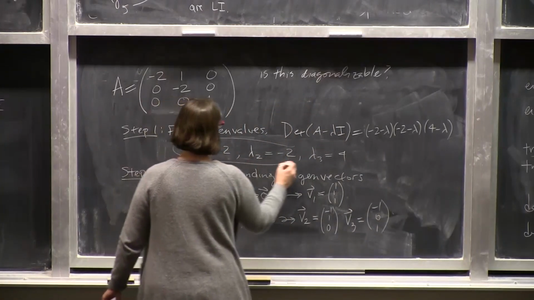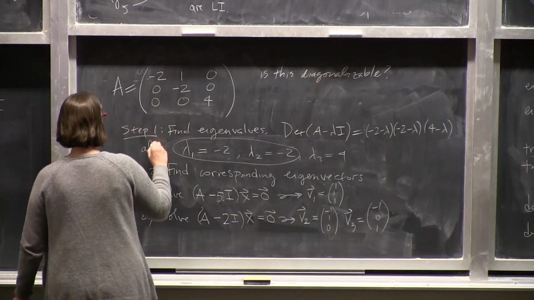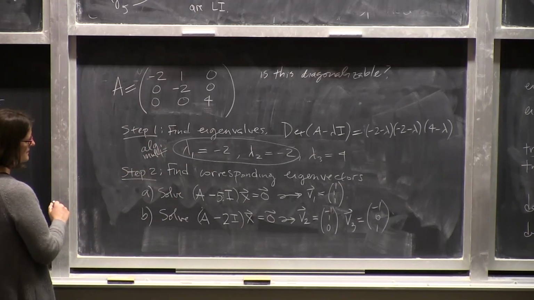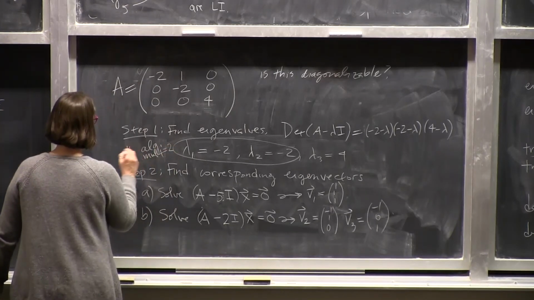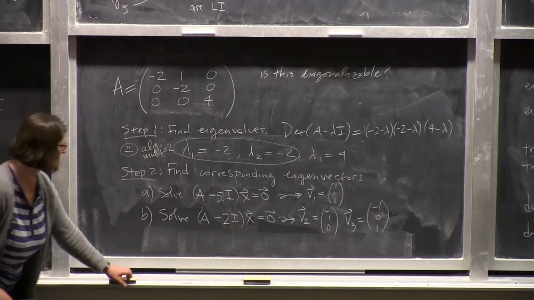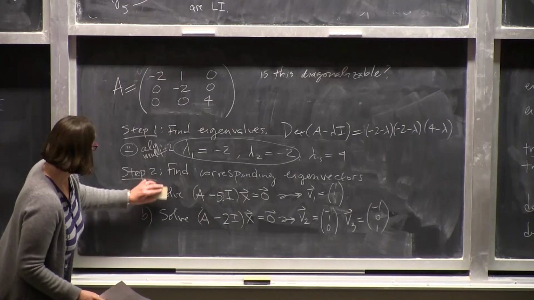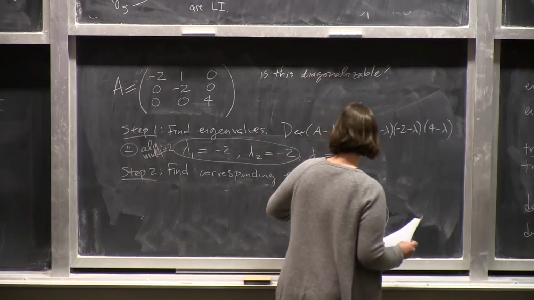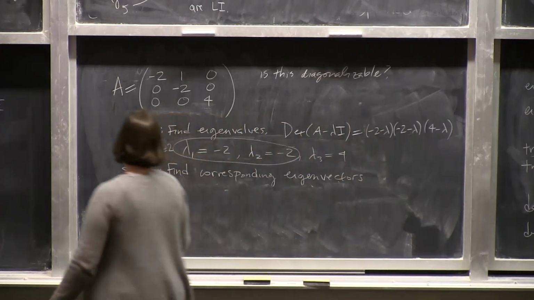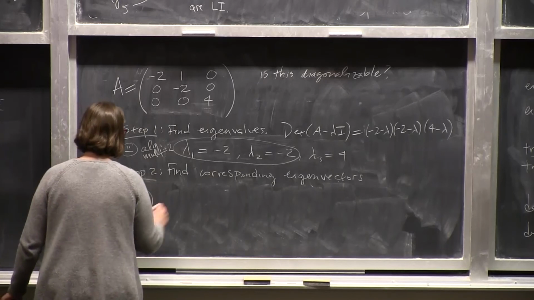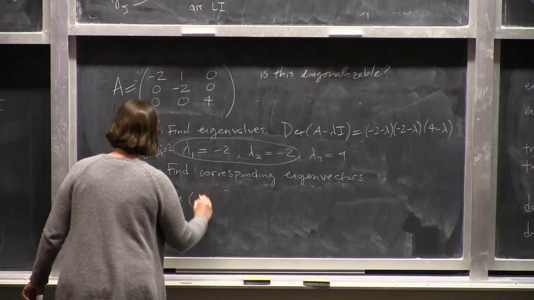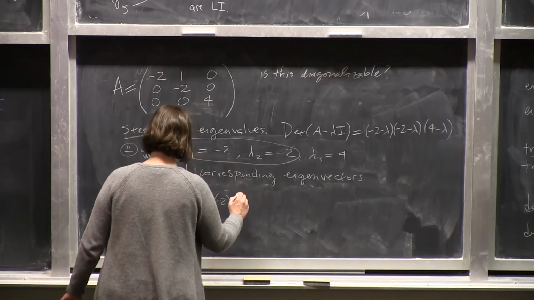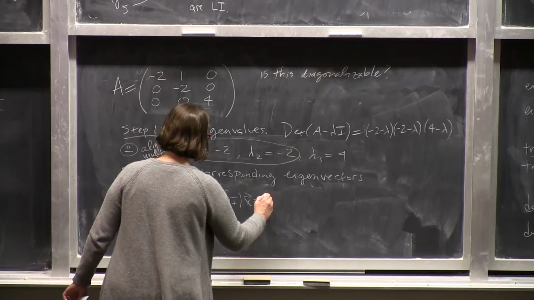Here, these are repeated. They have algebraic multiplicity. How many times are they repeated? 2. And I'm cautious. Find corresponding eigenvectors. So this one I'll actually do slowly. I want to solve A minus -2 times the identity times x is 0.